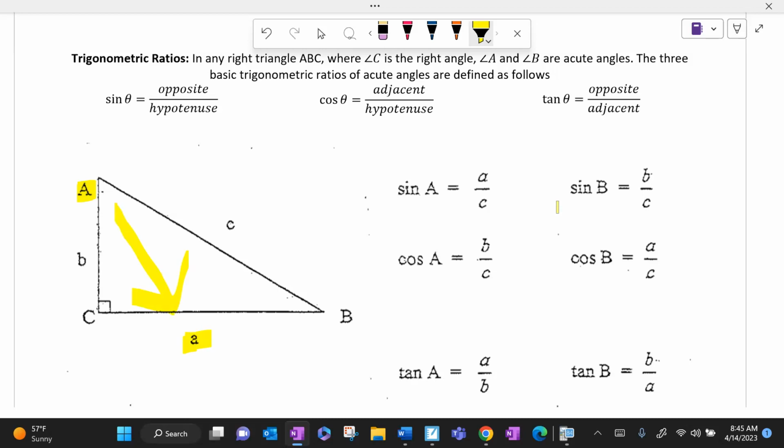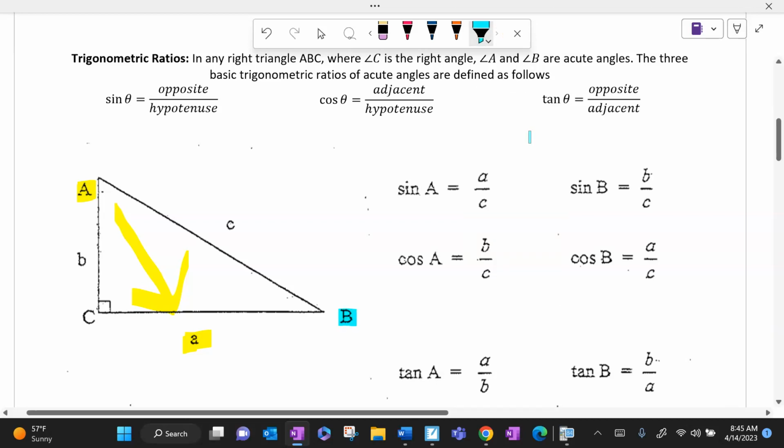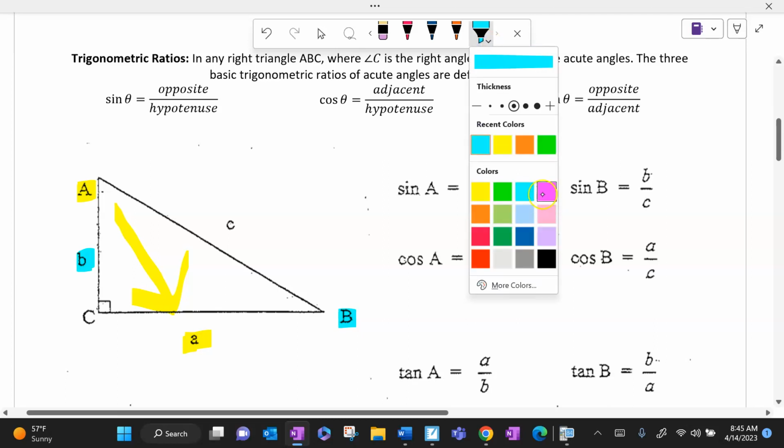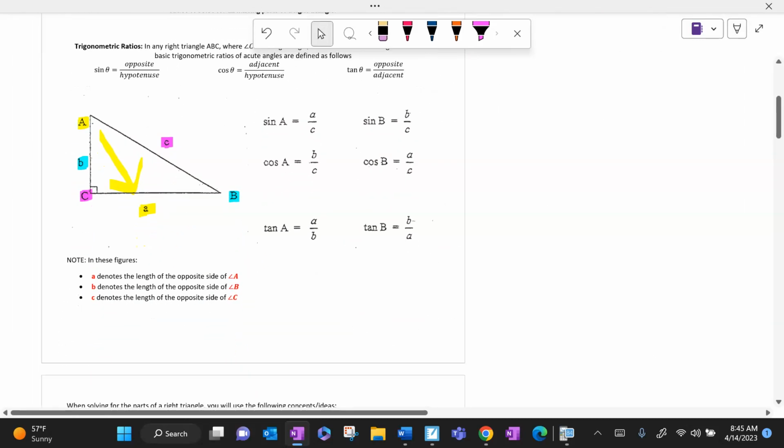So little a is across from big A, little b is across from big B, and finally, we have C and little c. The capital letters are the angles, and the lowercase letters represent the lengths of the sides. I want to make sure we have that, and that's generally how this section is going to go.